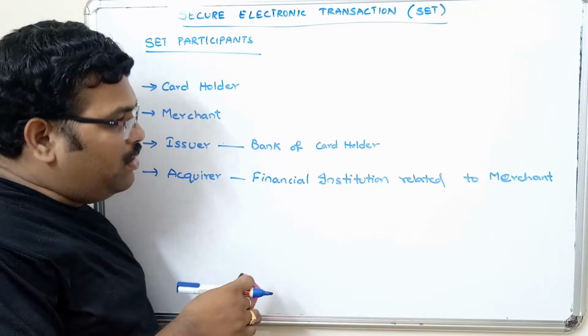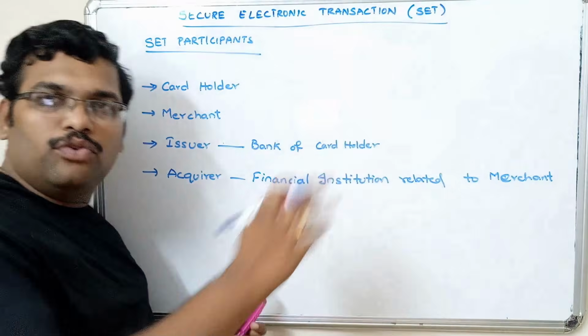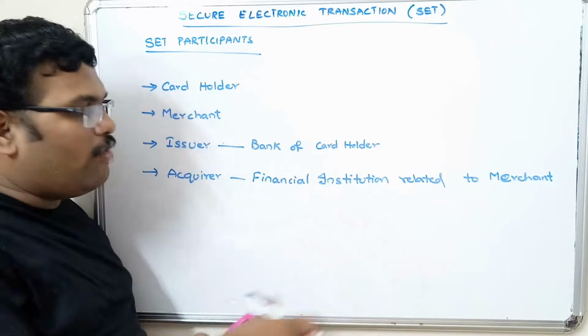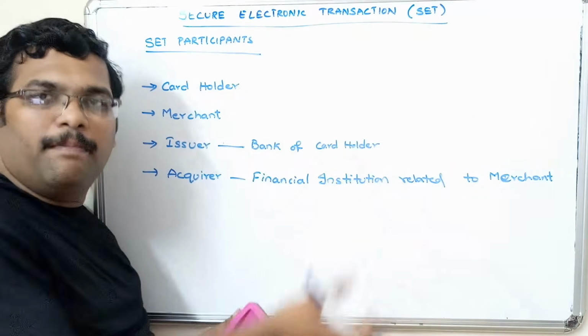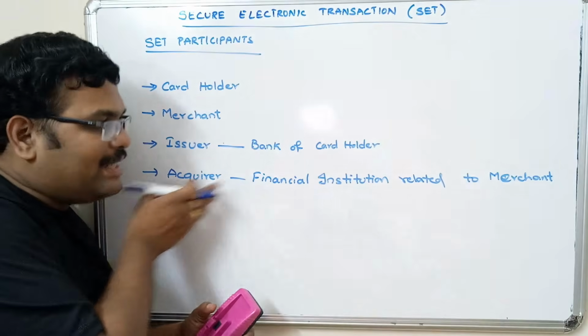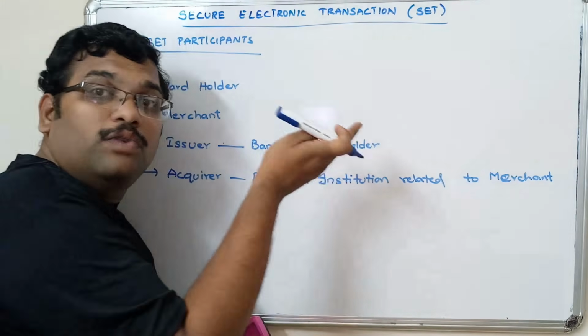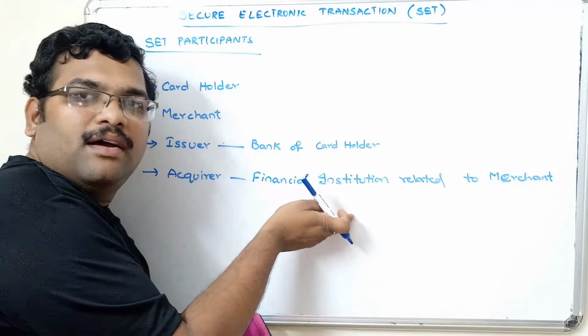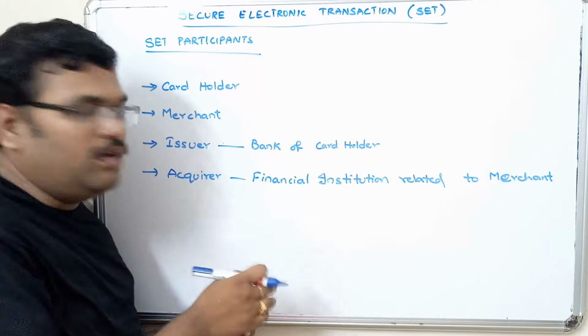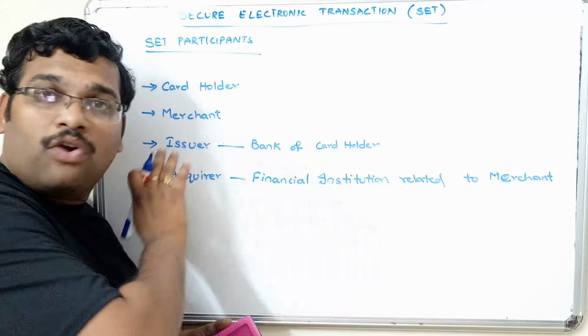So instead of maintaining accounts with all the banks, the merchant will relate to the acquirer. The acquirer is the financial institution which accepts the payment from any bank account. Hope you understood. Here the financial institution is not a bank.